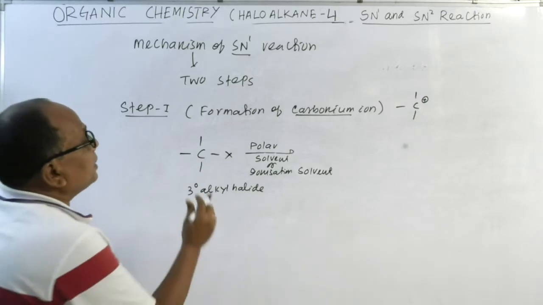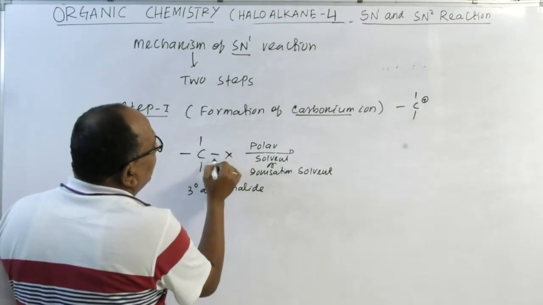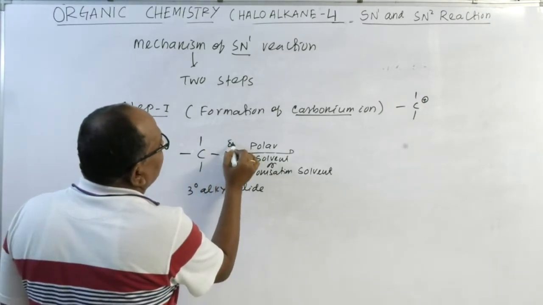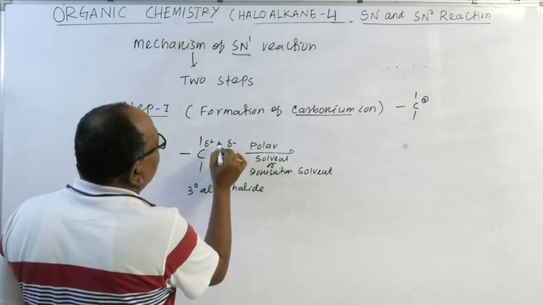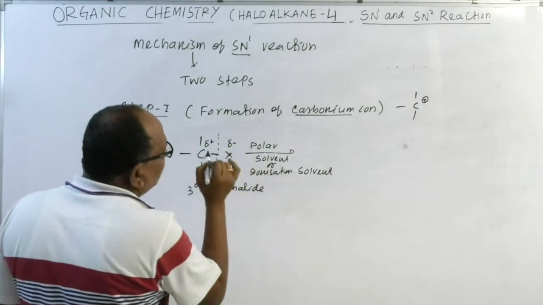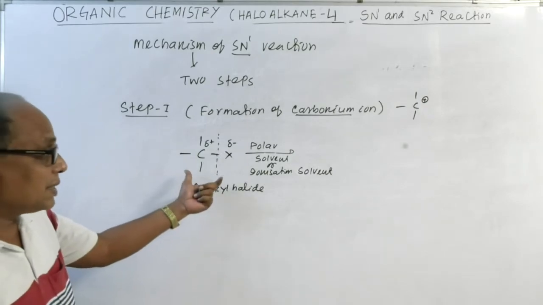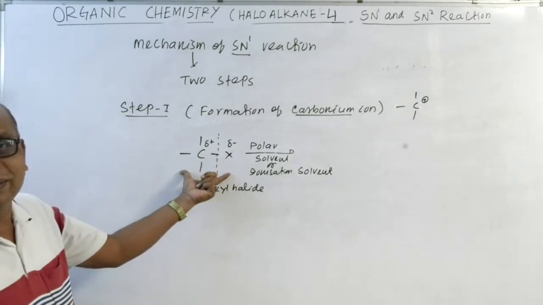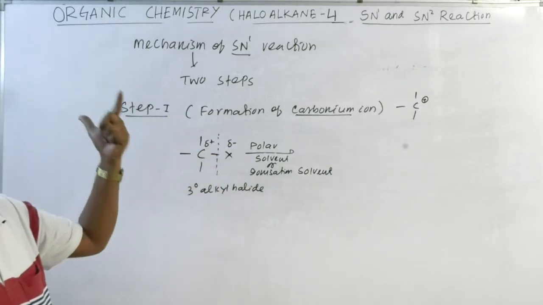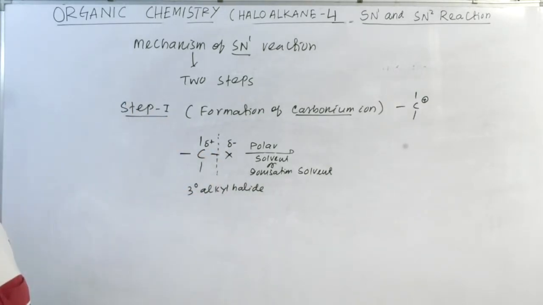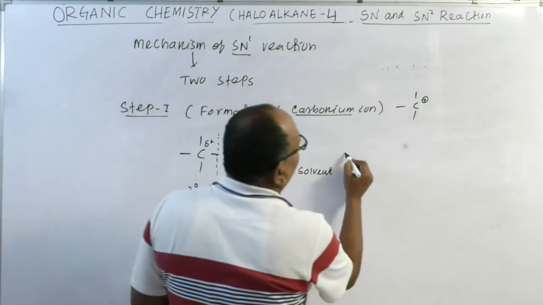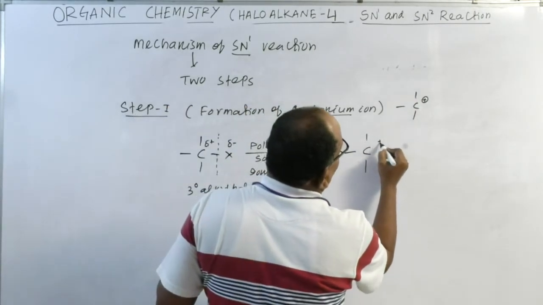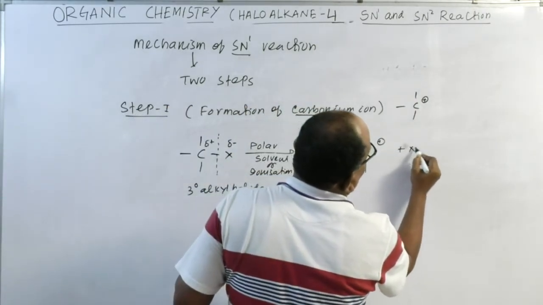That means this solvent can polarize this molecule, so that one end is fractionally negative and the other fractionally positive. When this breaks, you see the reaction starts with only the alkyl halide, no nucleophile is required. This breaks heterolytically, as a result forming a carbonium ion and a halide ion.